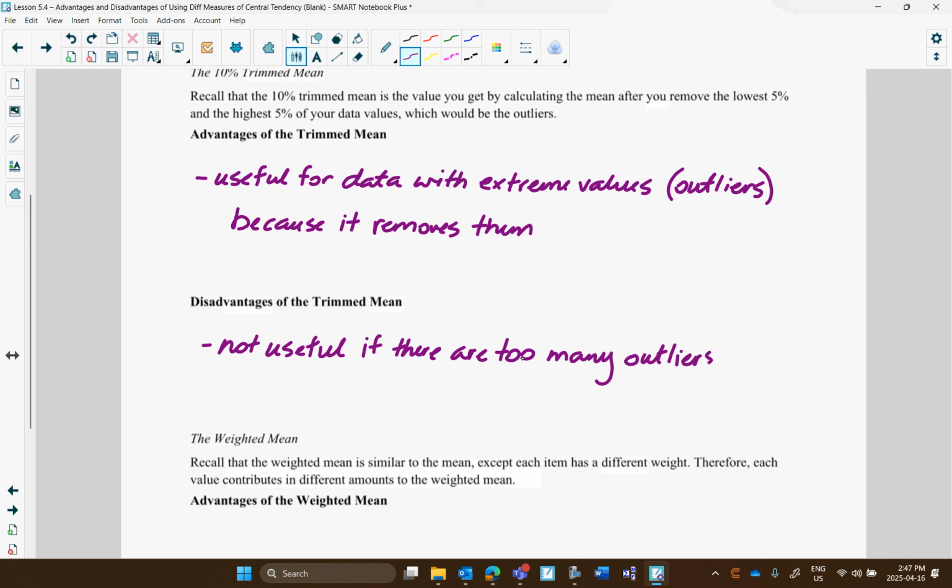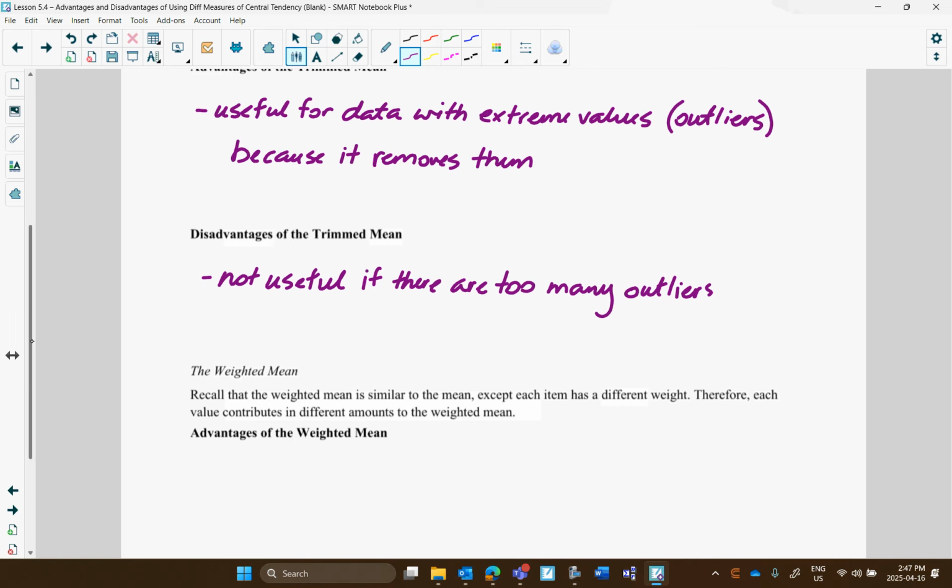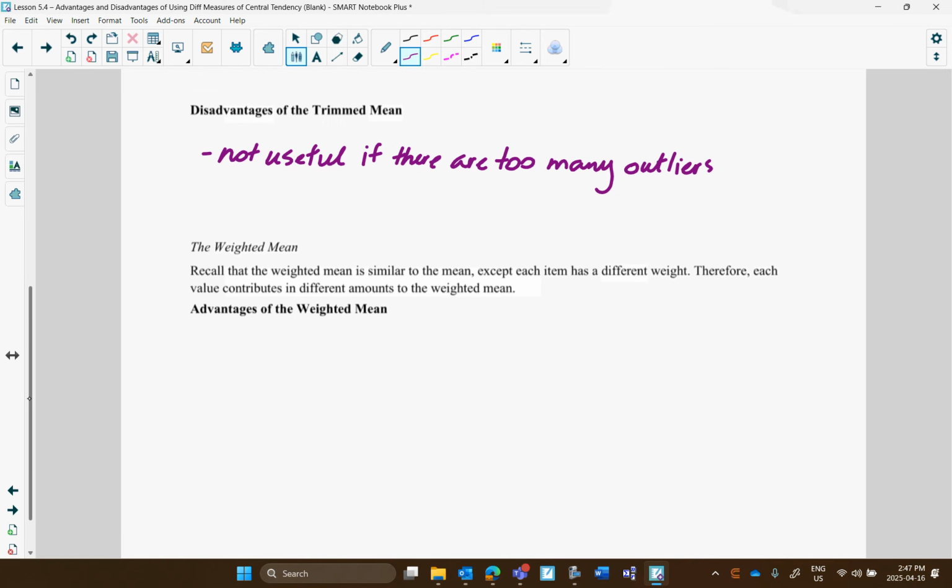And finally, the weighted mean. We talked about the advantages yesterday when we did that lesson. Useful when data represents multiple people.